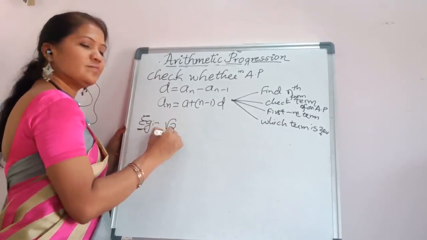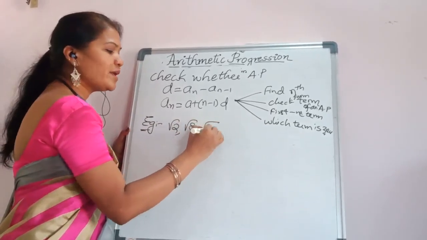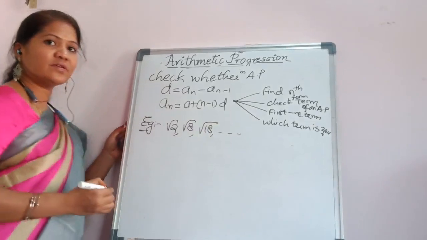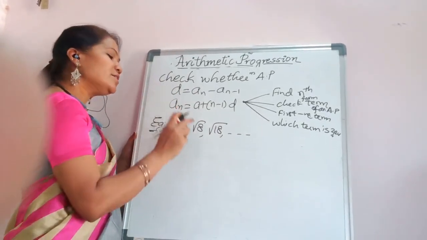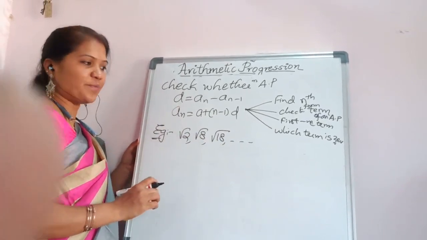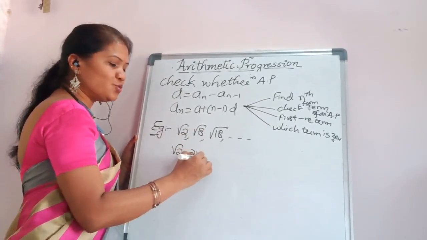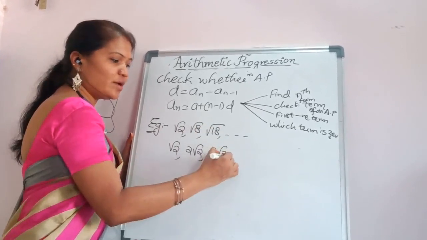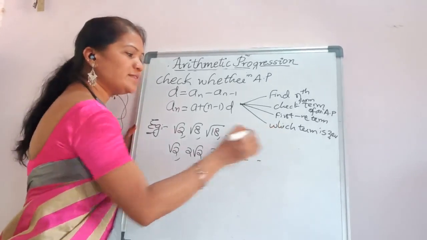Root 2, root 8, right? Root 18 and so on. Check whether it forms an AP or not. For that, what do we have to do? First, the consecutive terms' difference must be the same. I am writing in simplified form: root 2; this root 8 can be written as 2 root 2; root 18 is 3 root 2, and so on. So the question is to find whether it is in the AP or not.